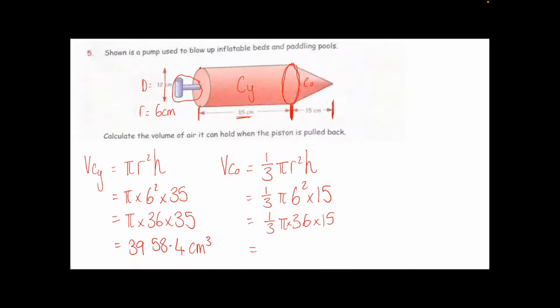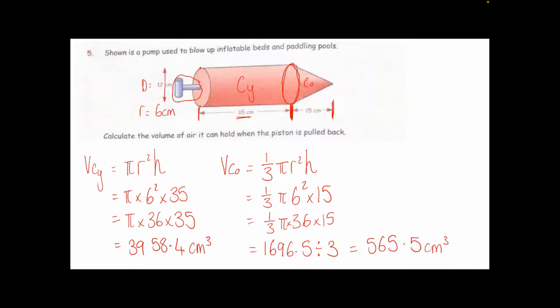So what I would do this time is my pi times by 36 times by 15, which gives us 1696.5, and we are going to divide that by 3 as our third, and that is going to give us 565.5 centimetres cubed for our answer.